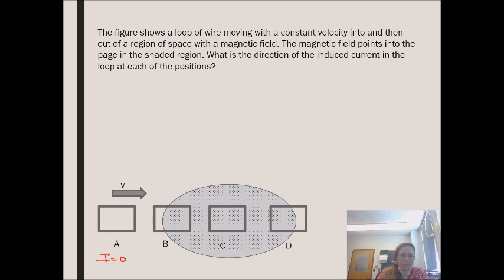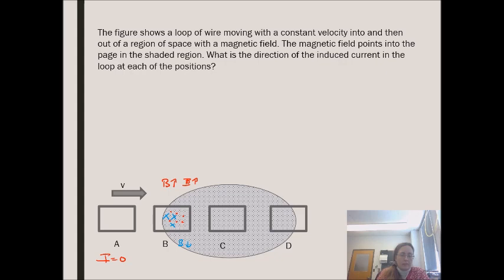Okay, at point B, the magnetic field, it says, is coming out. I've attempted to put dots in there. And so the magnetic field is coming out. That means B is getting stronger. The area presumably stays the same, so that means the flux is increasing. The induced magnetic field will want to decrease the flux and therefore decrease the magnetic field. To decrease the magnetic field, it needs to create an opposing magnetic field.